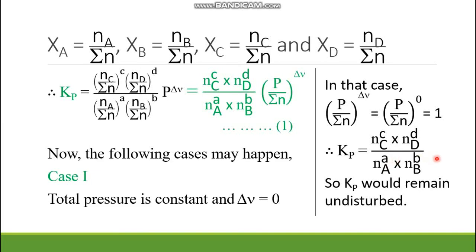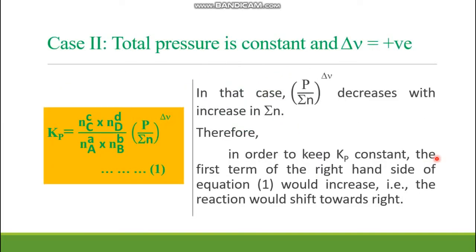Now case 2. For total pressure constant, definitely P is constant here, but delta nu is positive. In that case this value would decrease if this summation n is increased, isn't it? Because P is constant, and delta nu is positive, so this value must decrease.